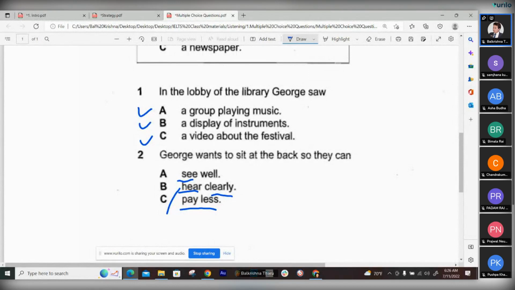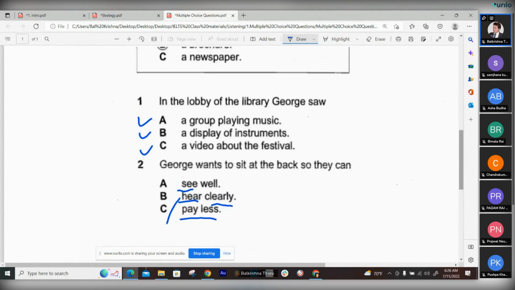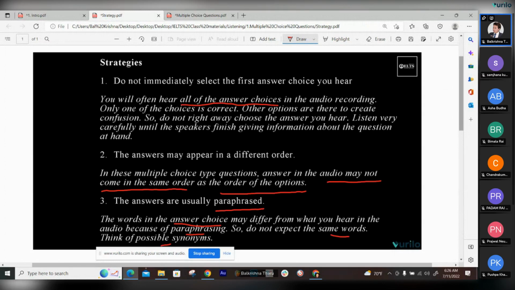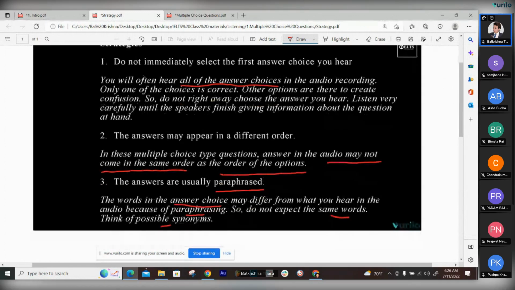The speakers might use some other words to mean these options. So that's what it means. Strategy number 3. The answers are usually paraphrased, so we must listen out for possible synonyms. All right, okay.